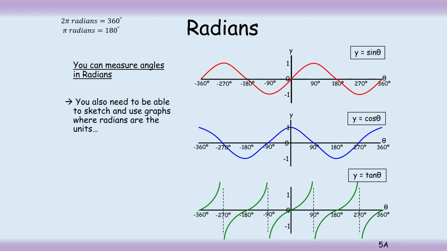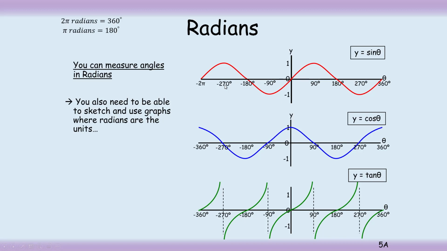Sine, cos and tan. Now we drew these last year a number of times, and here we're going from minus 360 to plus 360, but we need to be able to draw these in radians. Now that's 0. 180 is pi, minus pi, so that's going to be minus 2 pi.